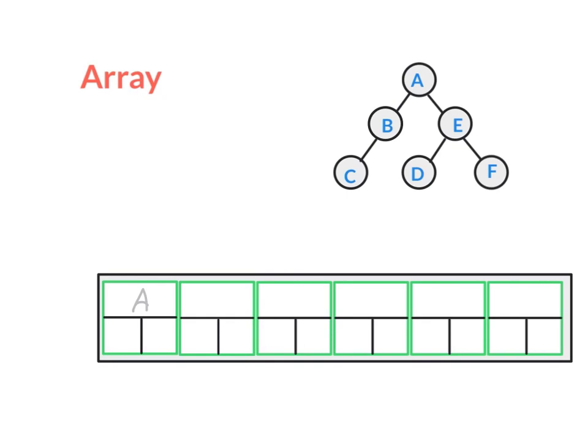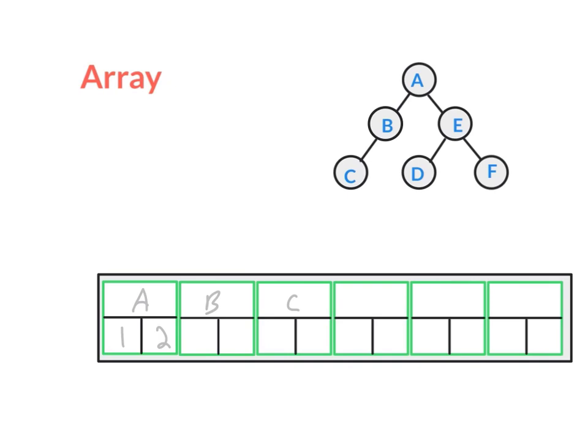Then its children, the left child is held at index 2n plus 1. So that would be B here, and that's index 1. C would be held at index 2 times n plus 2, which would be index 2. And we would put that in A's node for the right child.